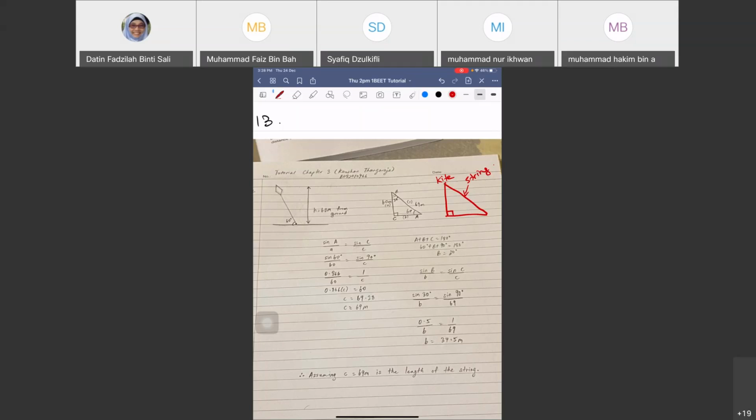The height above the ground is given as 60 meters, and the inclination angle is 60 degrees. So you want to find the length of the string. Let's say I put here x, this is what you want to find.